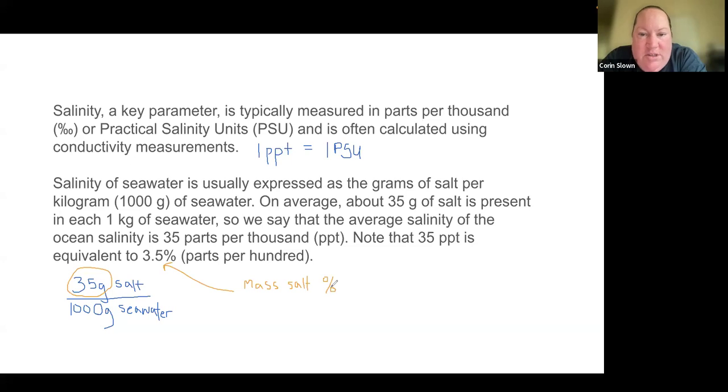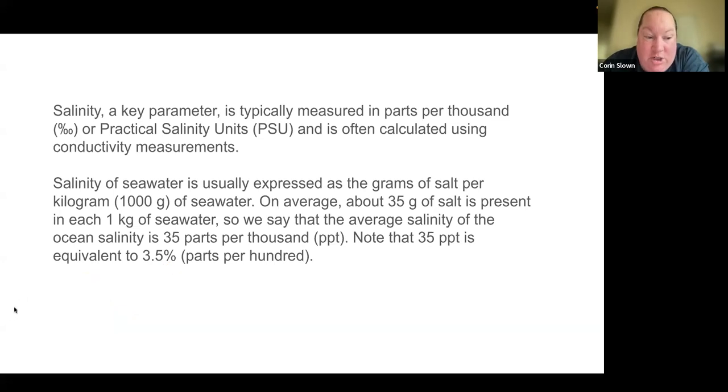I think most folks gravitate towards PSU if you're in marine science and parts per thousand if you are a chemist or a biologist. Okay, so that's our introduction to salinity and our initial connection with concentration and chemistry.